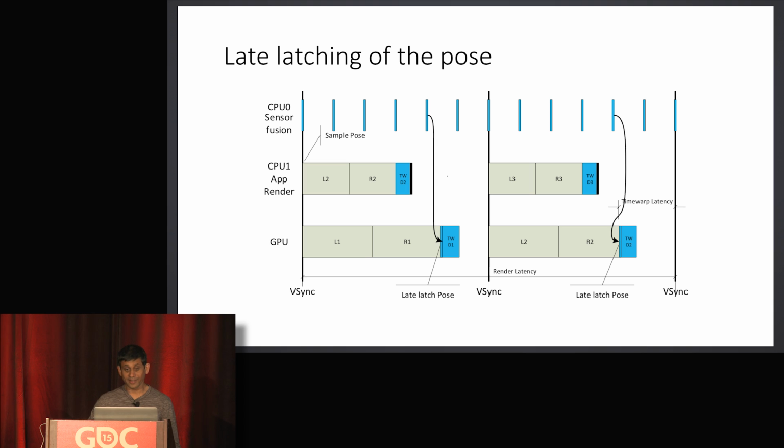So we have a sensor fusion thread that is sampling the orientation and all the sensors at a much higher rate than we do refresh. On the Oculus Rift, our IMUs are being sampled at 1 kilohertz. So we have a much higher frequency way of understanding the pose, and sensor fusion happens also at a very high frequency.